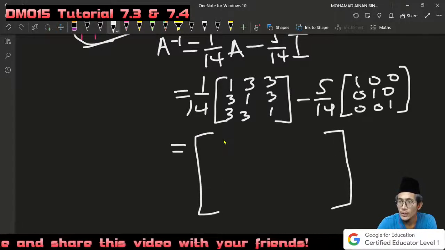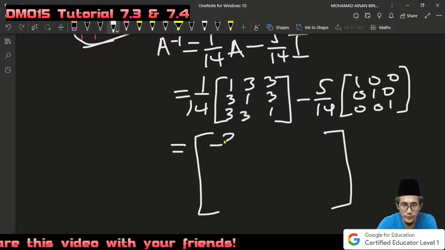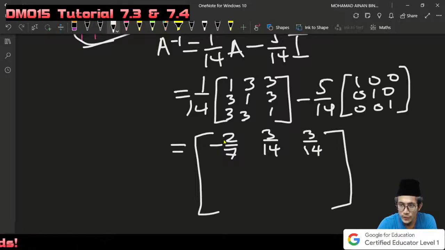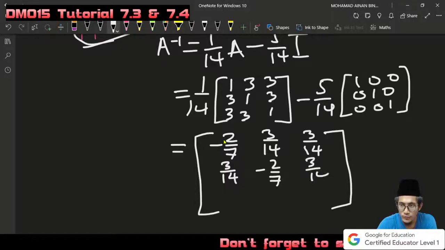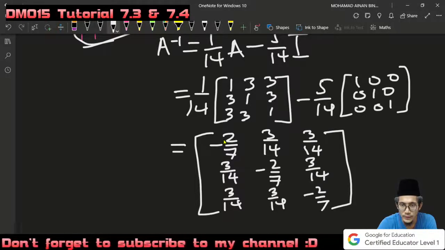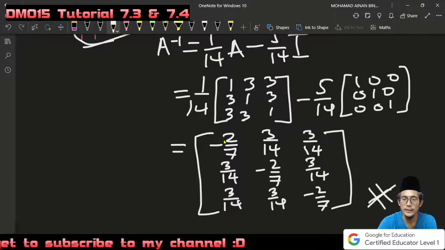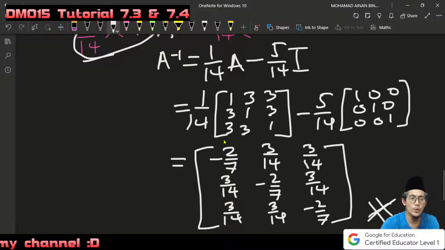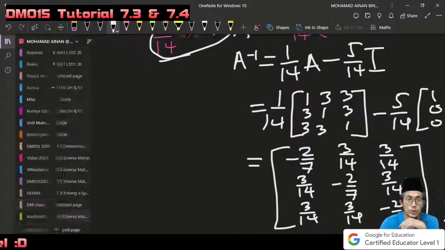The answer is minus 2 over 7, 3 over 14, 3 over 14, 3 over 14, minus 2 over 7, 3 over 14, 3 over 14, 3 over 14, minus 2 over 7. This is the inverse, A inverse. So, we have done with the 2 questions.